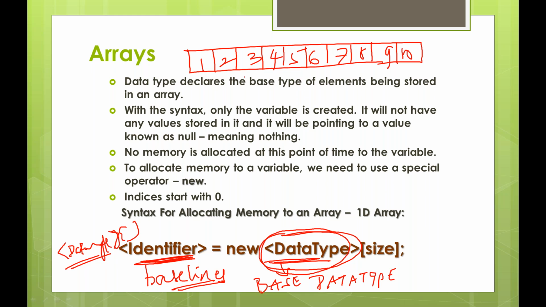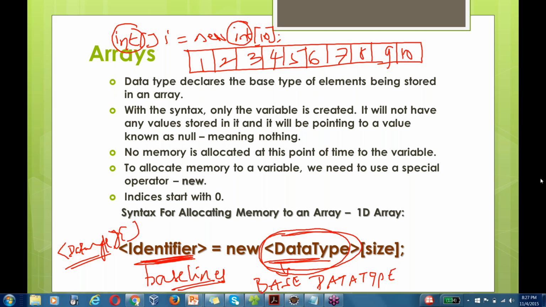So if you specify I is equal to new int of 10, you can store only integer values. You cannot store any other values.